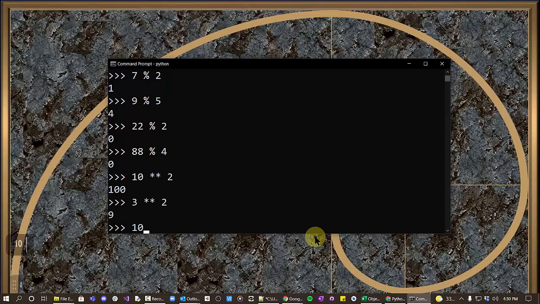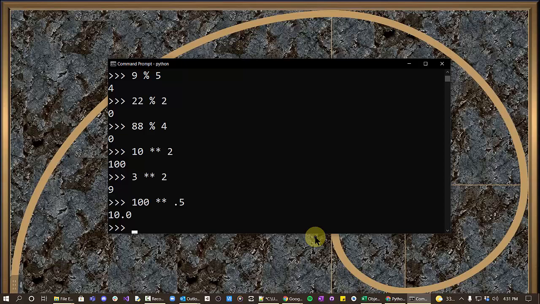What would happen if we raised 100 to the 0.5 power? So 100 raised to the half power, it's actually 10. So you can use that for square root if you wanted to: just raise it to the half power and you get the square root of 100.